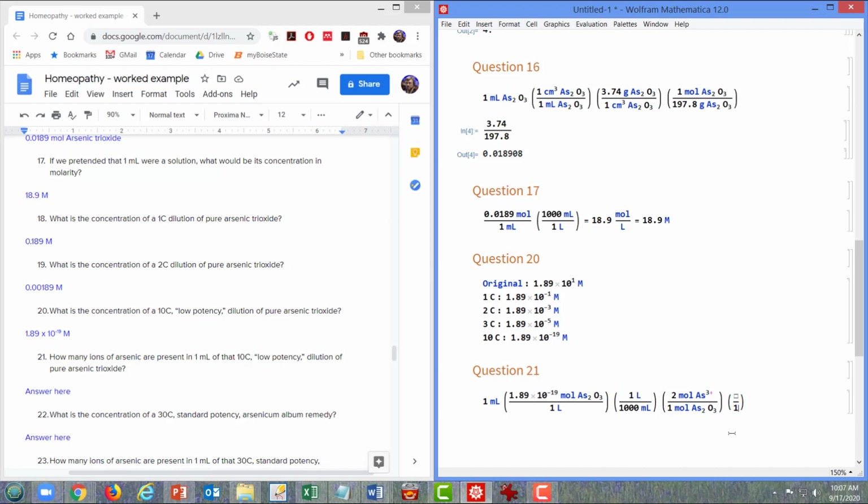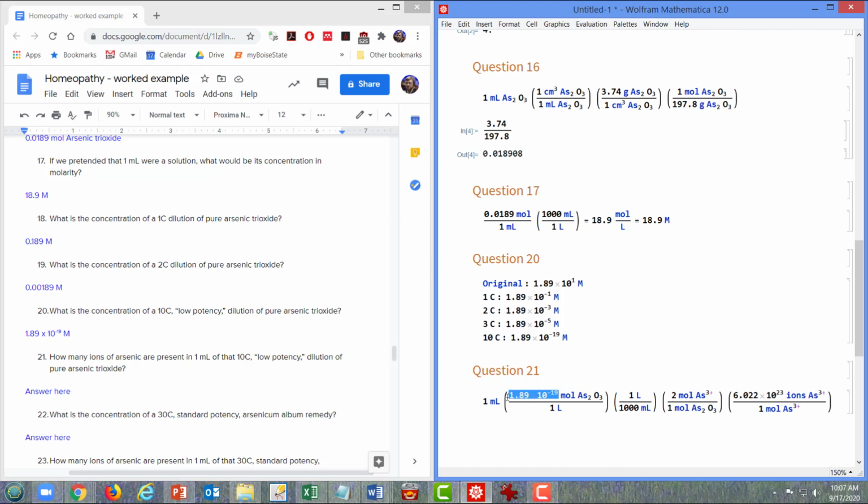And so for every 1 mole of As3+ ions we have 6.022 times 10 to the 23rd ions As3+. So we plug this into our calculator. We notice everything cancels and we get what we want.